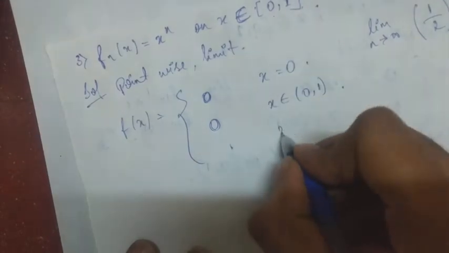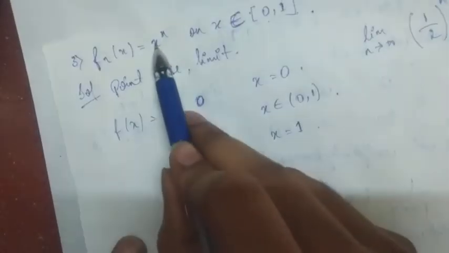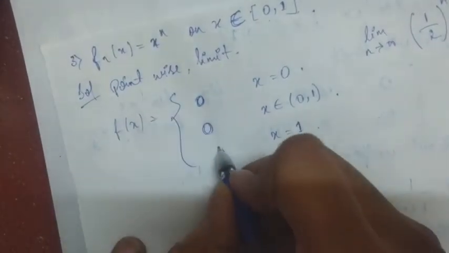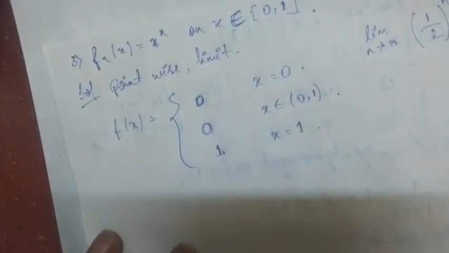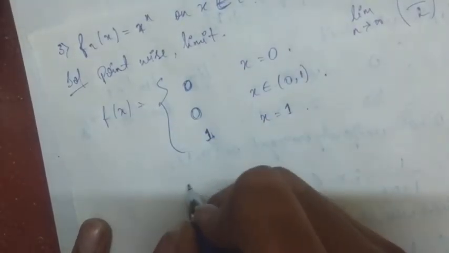If we take x = 1, we get 1. Hence the limit function is not continuous.